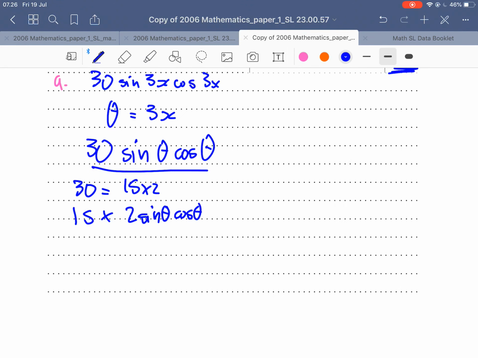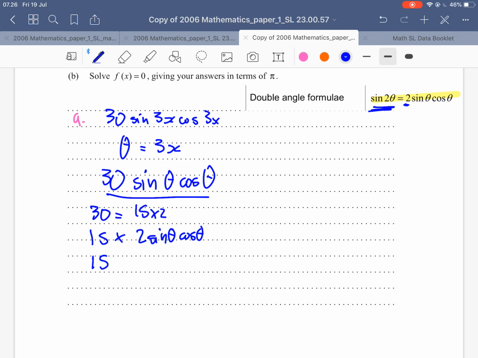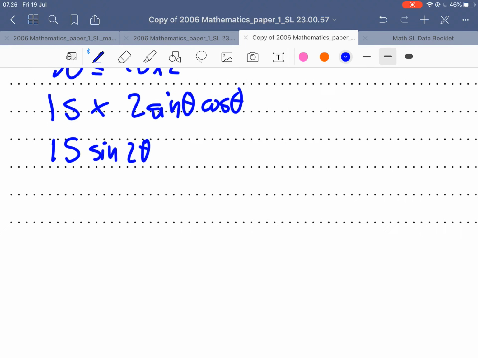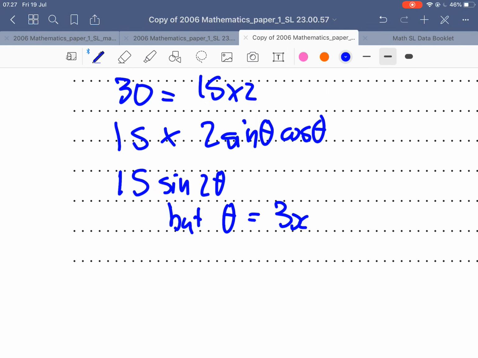So we can substitute that in, so we get 15 sine 2 theta. But theta equals 3x.